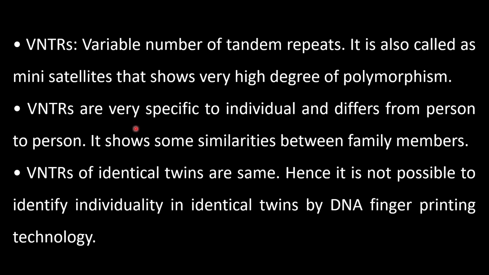VNTRs are very specific to individuals and differ from person to person. It shows some similarities between the family members. VNTRs of identical twins are the same, hence it is not possible to identify individuals in identical twins by DNA fingerprinting technology. So all these points come under the introduction part.